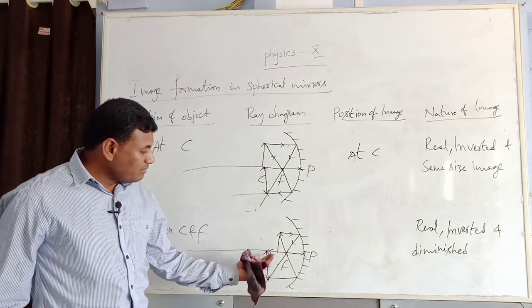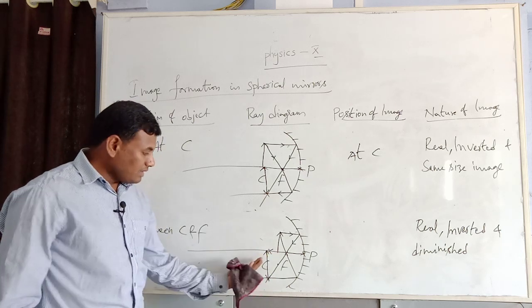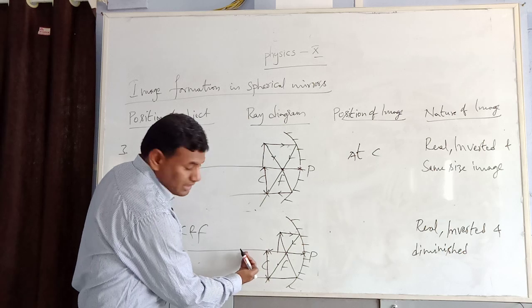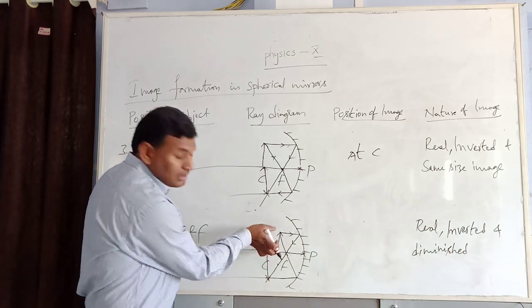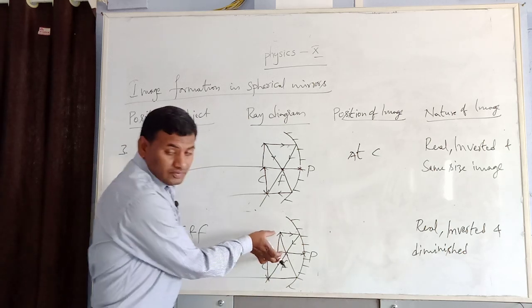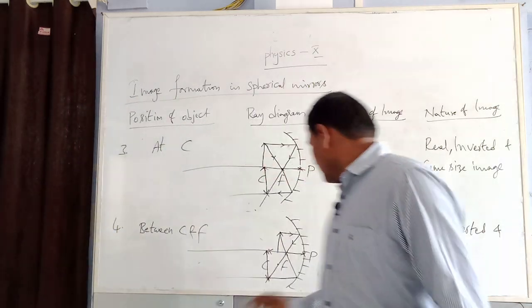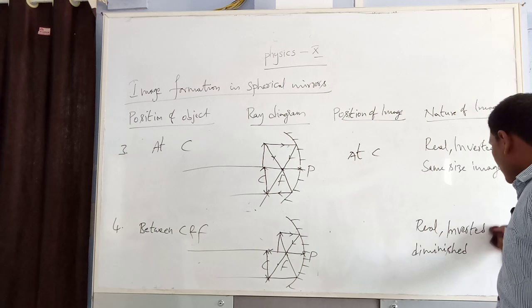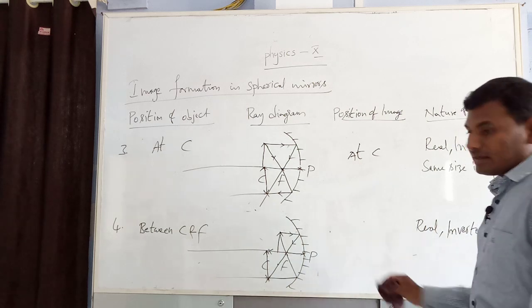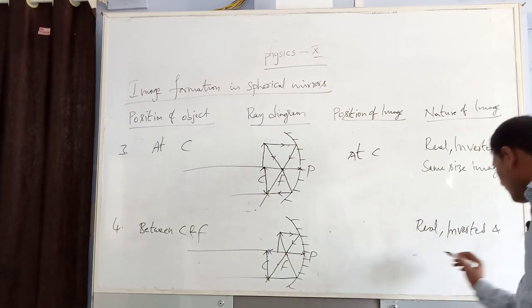So the position of the image is beyond C. That means it is on this side of C, and the size of the image is greater than the size of the object. So the image formed is real, inverted, and enlarged.